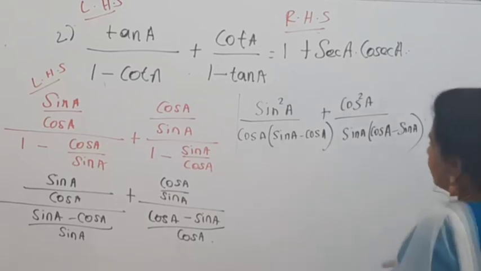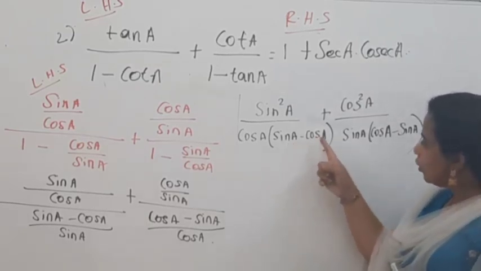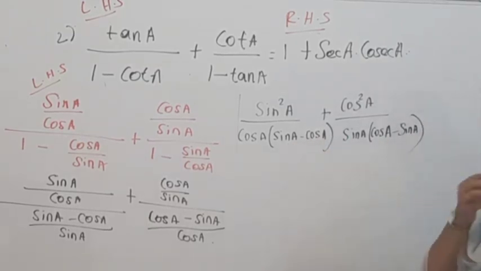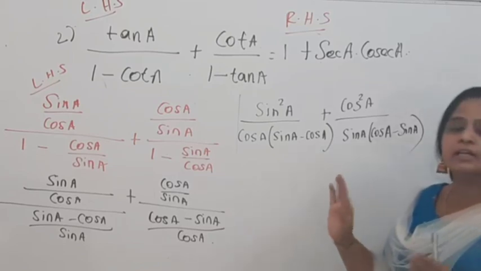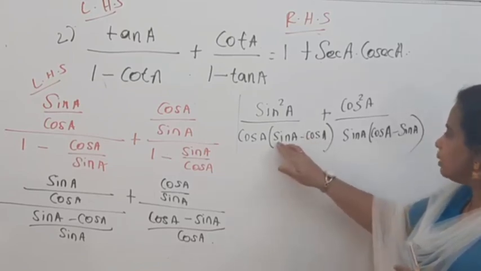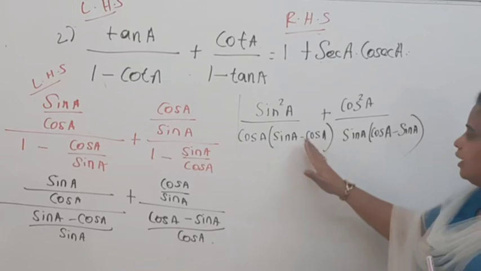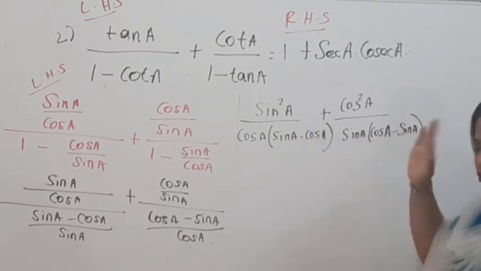So now you can see here sine A, cos A, sine A, the terms are the same but the signs are different. This is plus sine A, this is minus sine A. Minus cos A, plus cos A. So change it.